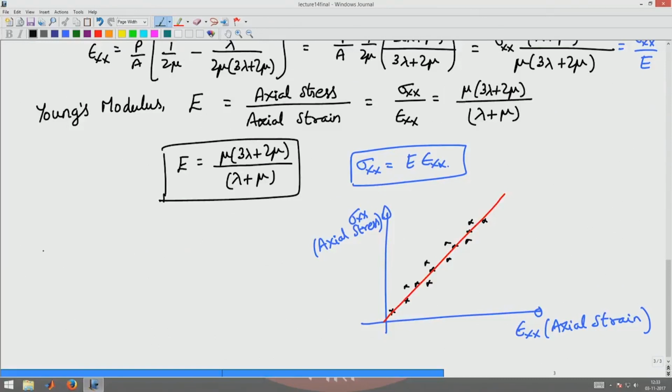That is, you define an error quantity called delta, which is sigma xx experimental minus E times epsilon xx experimental. This E times epsilon experimental will give you the theoretical estimate of the stress.